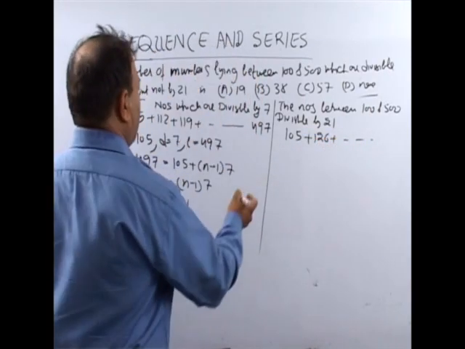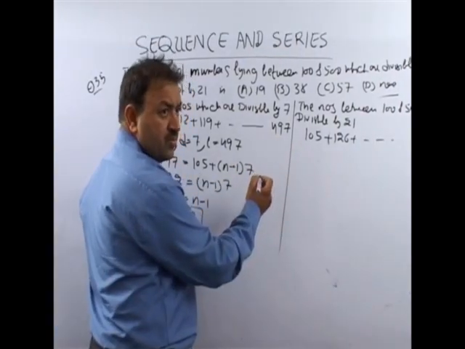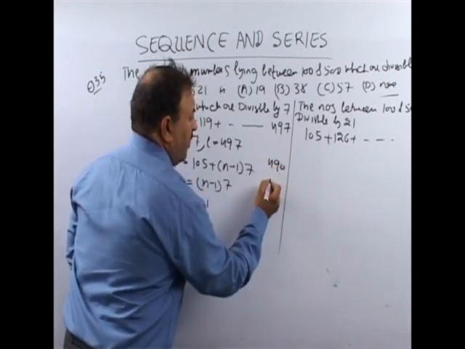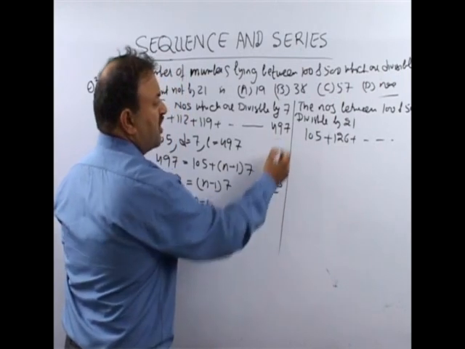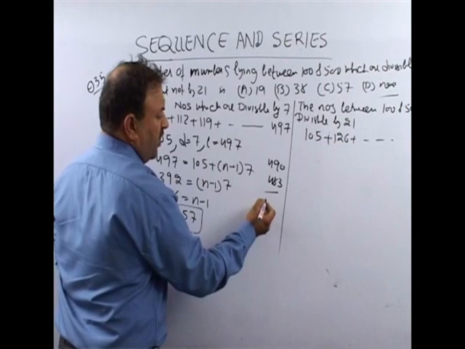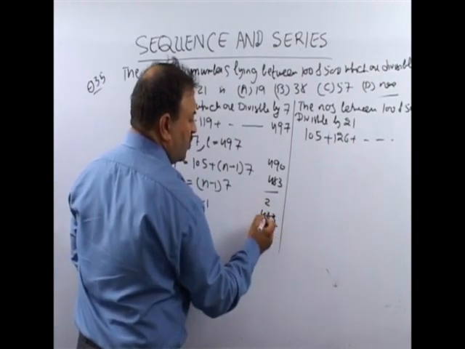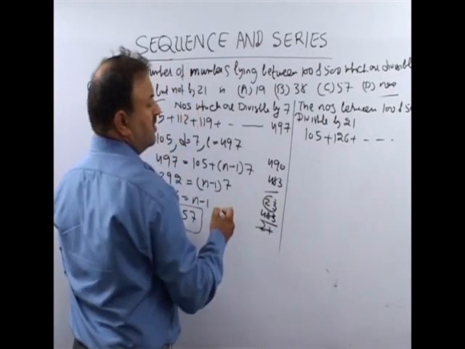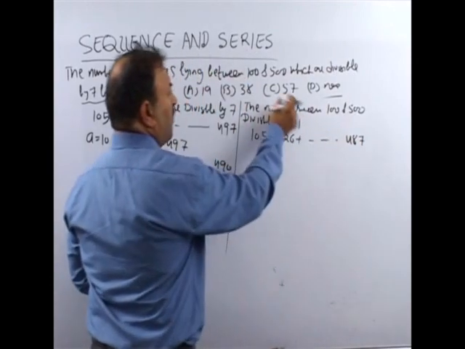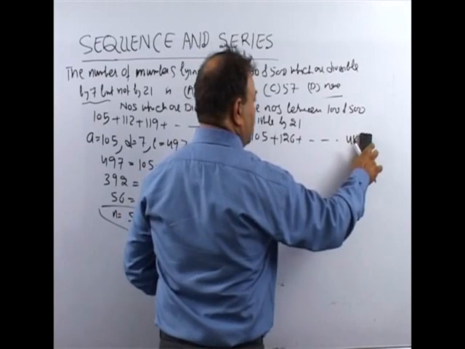The last number was 497, but before that it is 490, and then 483. We check which is divisible by 21: 483 divided by 21 is 23. Yes, this is divisible. So the last term before 500 which is divisible by 21 is 483.